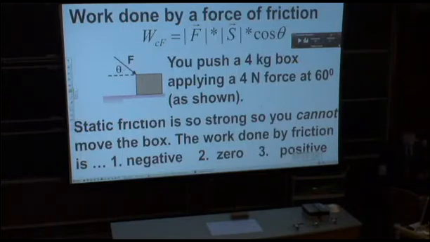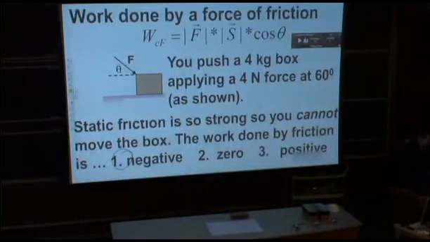You push a box, a 4-kilogram box. You're applying a force with a magnitude equal to 4 newtons at 60 degrees. And the static friction is so strong that you cannot move the box. So the box is at rest. The work done by friction in this situation is, if you agree with this, please raise your hand.